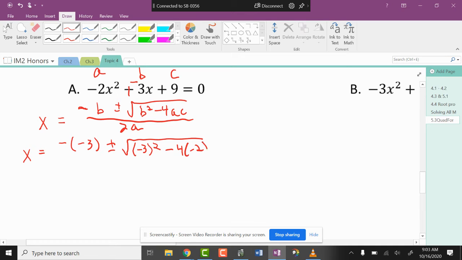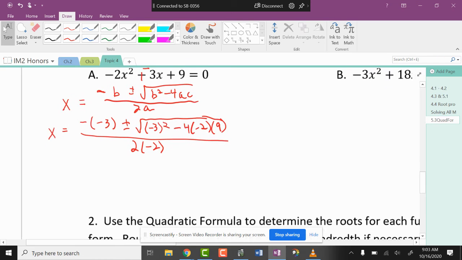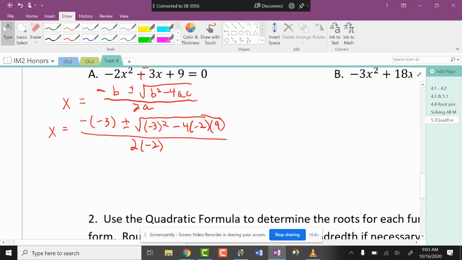4 times -2 times 9. This is all it is: a formula where you stick numbers in the place where the letters they represent are. And then 2A. And then you'll see why we did what we did in the bell work. Equals 3 plus or minus 9.